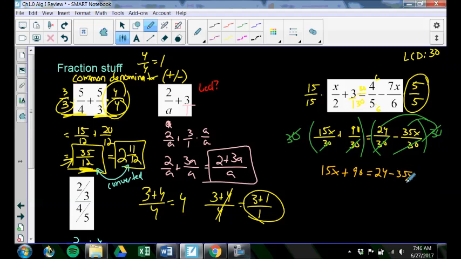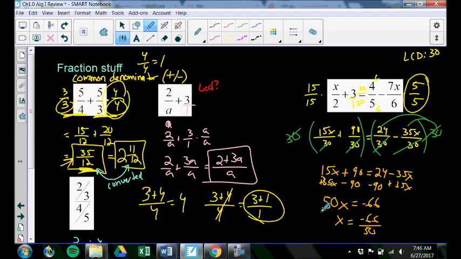Now I can just solve this problem like it's basic algebra. So I'm going to add a 35x to both sides and subtract a 90 from both sides. And that gets me 50x equals negative 66.